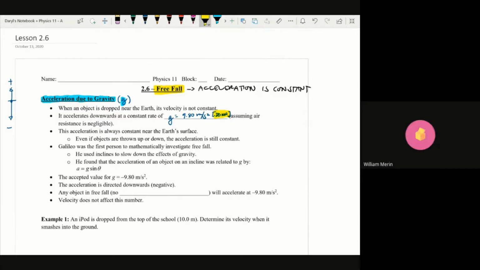We can verify that in an experiment, and we will be doing that experiment next meeting. Let's see how close we can get to that value.